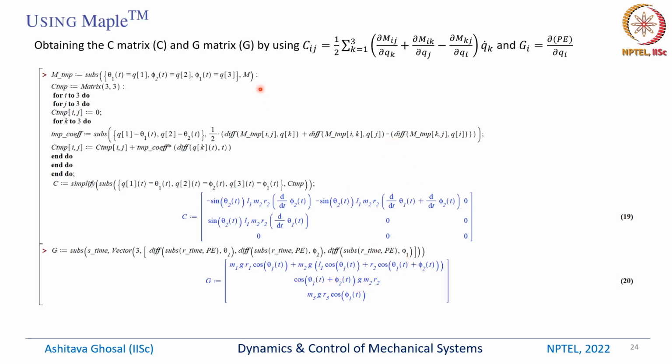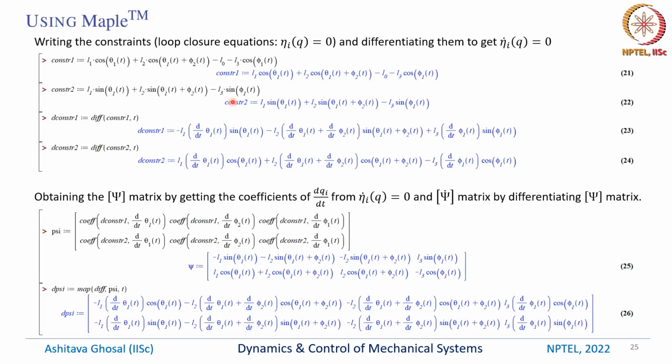So we can find the mass matrix, we can find the Coriolis matrix Cij, and we can find the gravity terms. The gravity term is a 3×1 vector, Coriolis is a 3×3 matrix, and the mass matrix is of course 3×3.